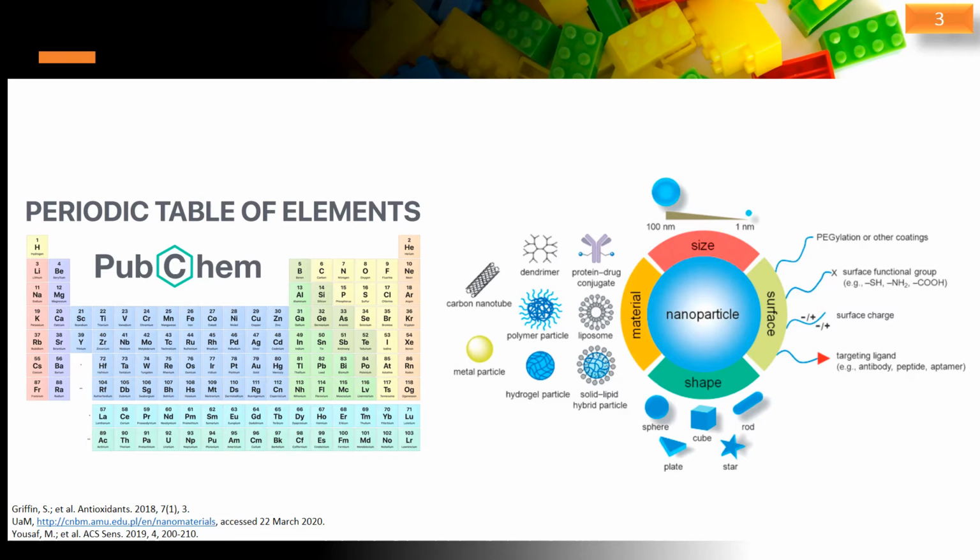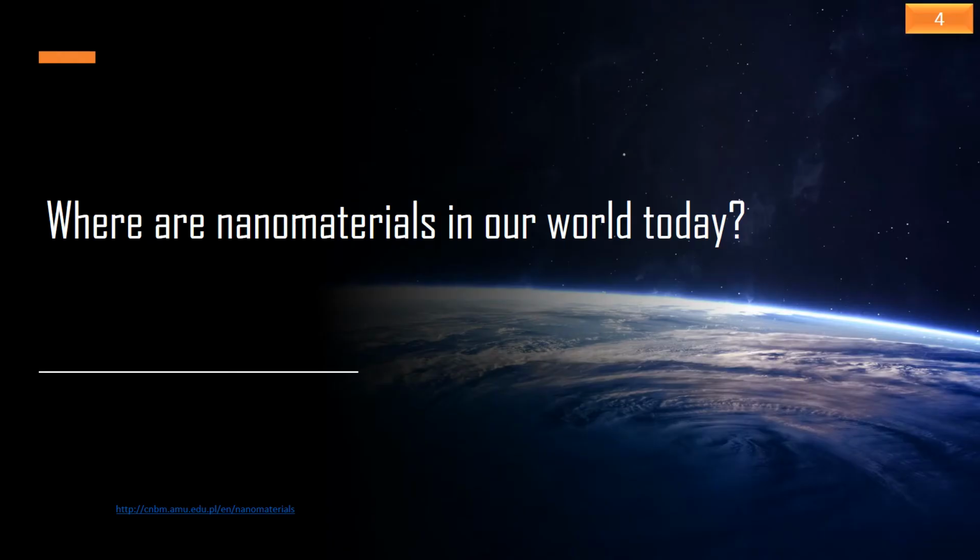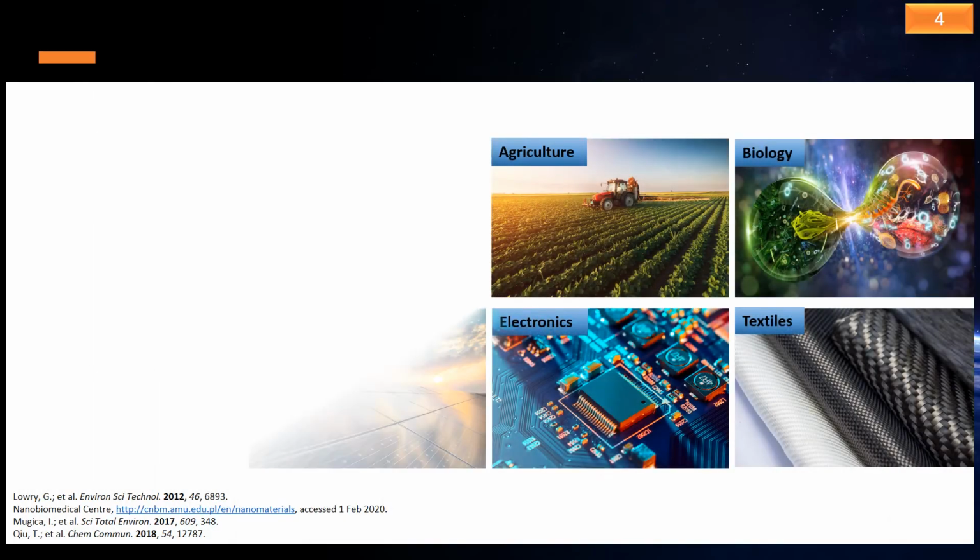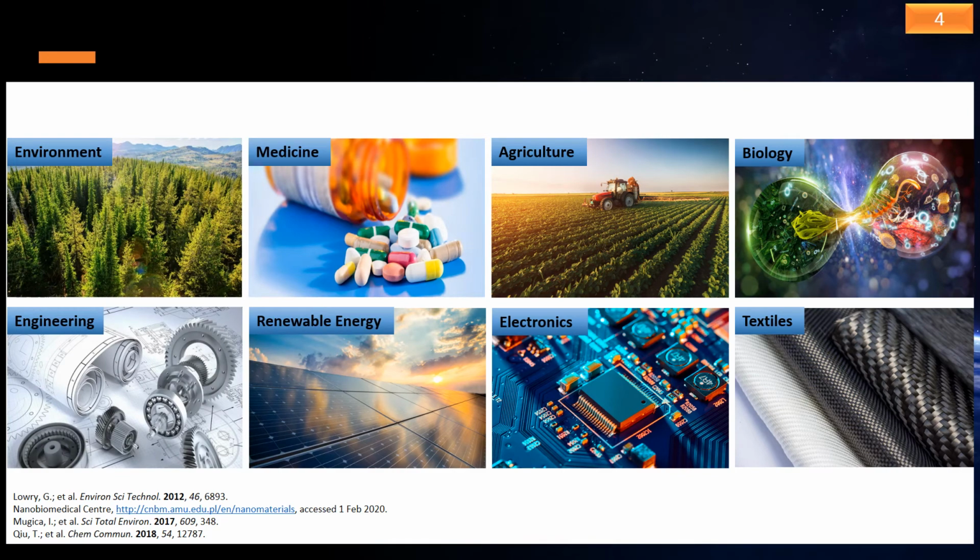So any element on the periodic table is up for grabs, any shape, any surface, anything as long as it's 100 to 1 nanometers in size. This means that we can find nanomaterials pretty much in every field of discipline in our world today, from the environment to medicine, biology, textiles, you name it, you can probably find some sort of nanomaterial that is involved.